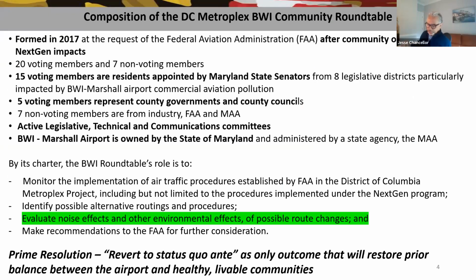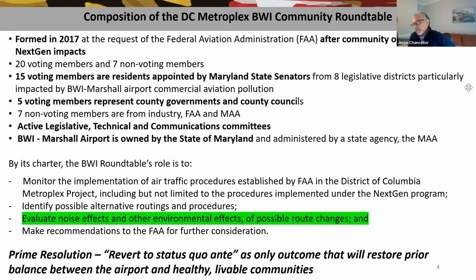So, what exactly is the BWI Community Roundtable? Well, we were formed in 2017 after public outrage at NextGen, which was implemented in our airport in 2016. We have 20 voting members, 15 residents chosen by our state senators, 5 members representing county governments and county councils, and there are some non-voting members from industry, the FAA, and our airport authority.